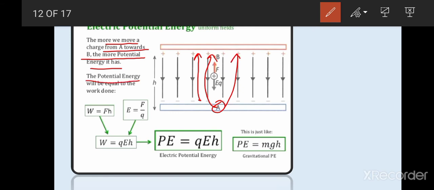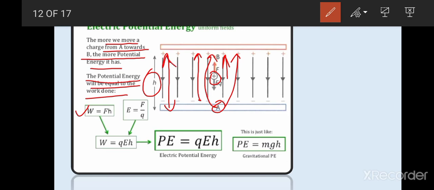The potential energy will be equal to the work done, as the charged particle is positive and it is moving towards the positive potential. So the work done is equal to the potential energy. As you know, the formula of work is F multiplied by H. H in this case is the distance between these two points, it can also be taken as D. W equals FH.